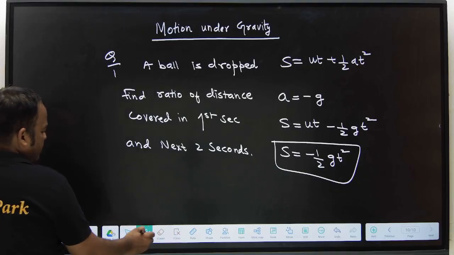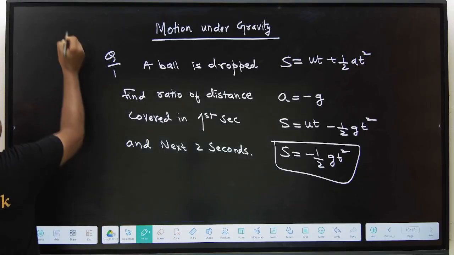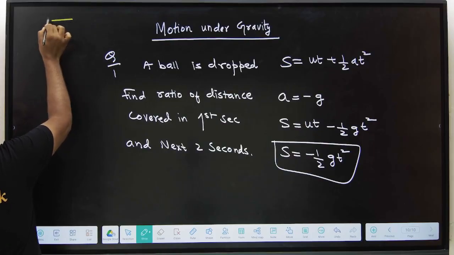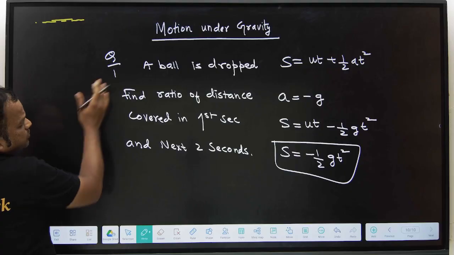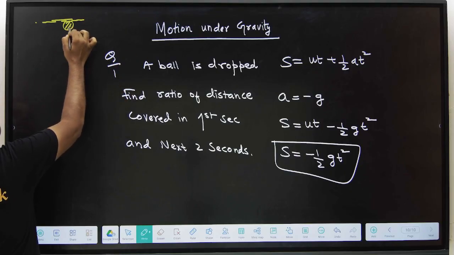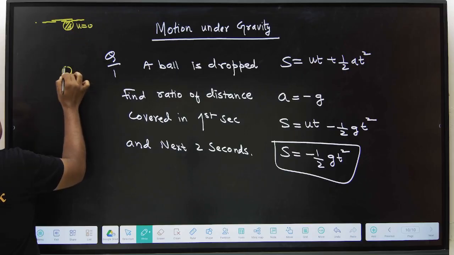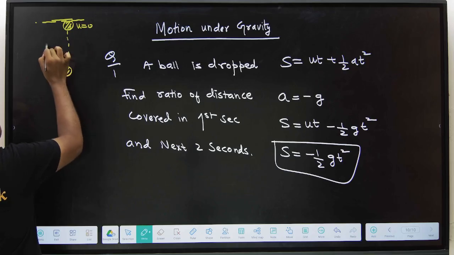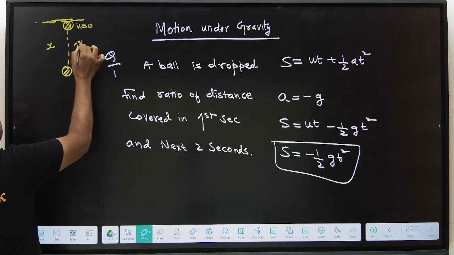So let's draw a diagram. Suppose the ball or the stone is dropped from this level, so the initial velocity will be 0 and it is covering a distance x in the first second.